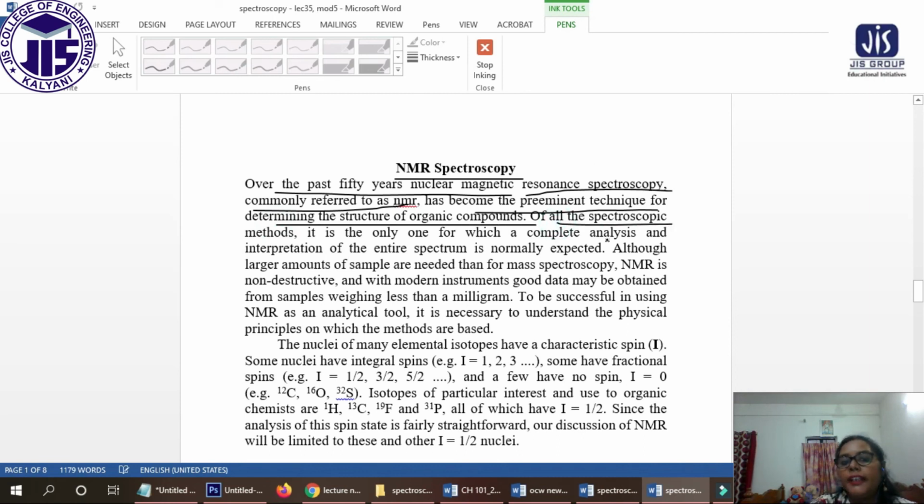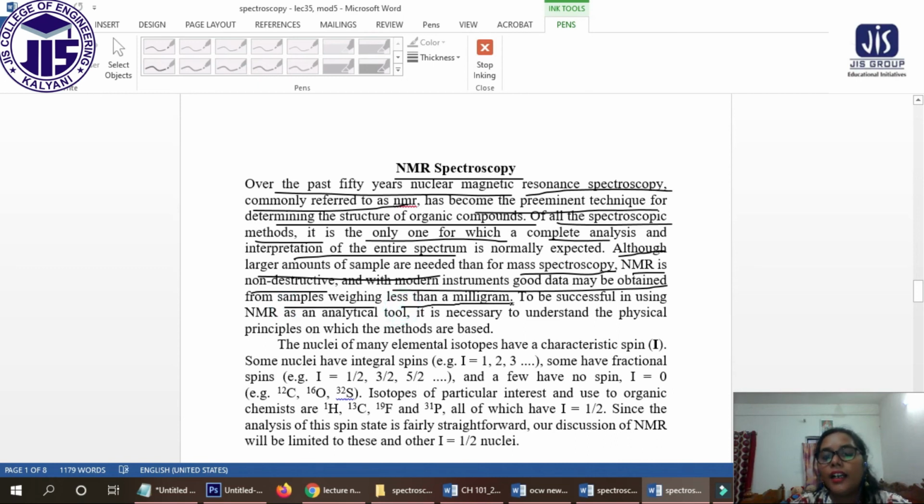Of all the spectroscopic methods, it is the only one for which a complete analysis and interpretation of the entire spectrum is normally expected. Although larger amounts of sample are needed than for mass spectroscopy, NMR is non-destructive, and with modern instruments good data may be obtained from a sample weighing less than a milligram.